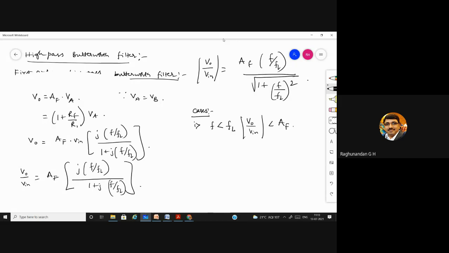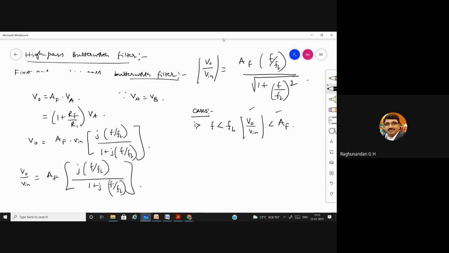May I know what is the difference between Vo by Vin and AF? Vo by Vin will be the open loop gain, and AF will be the feedback. Vo by Vin is the gain which we obtain, the overall gain.